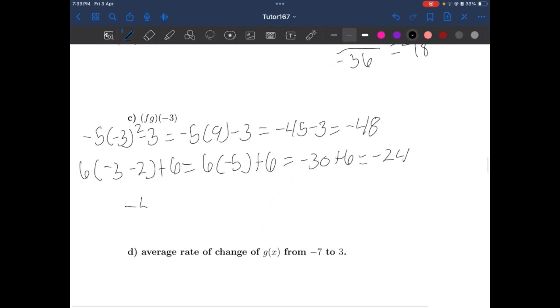So our answer would be negative 48 times negative 24. Negative 48 times negative 24 is 1,152. And that's our final answer.